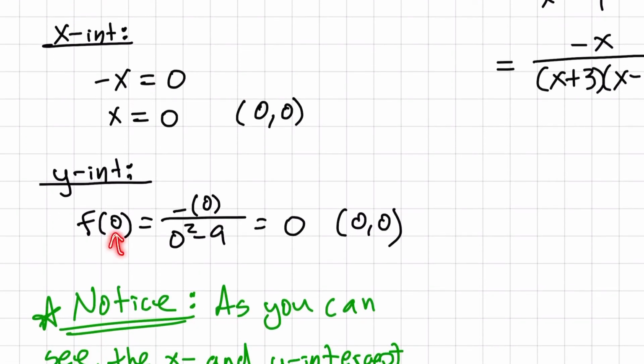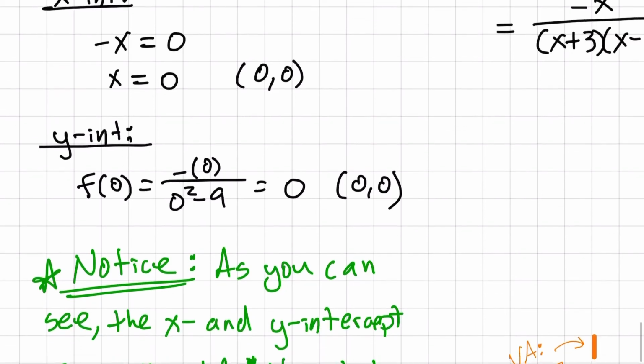So we plug in a 0: 0 over 0 squared minus 9, 0 over negative 9 is still 0. That's okay, that's fine. Again, 0 over something is okay. That's 0. Many students try to tell me that there is no y-intercept, that it's undefined. No. Sorry, that's okay. It's wrong to say that 0 over a number is undefined.